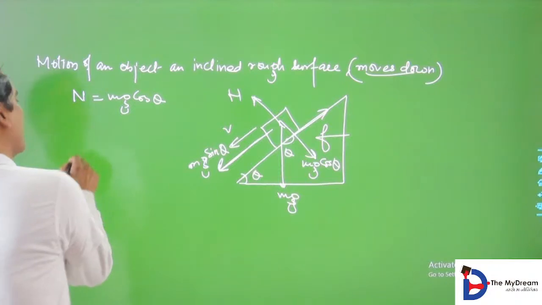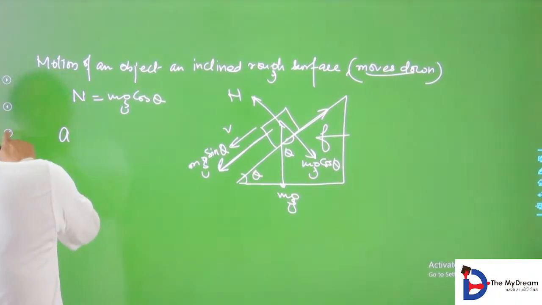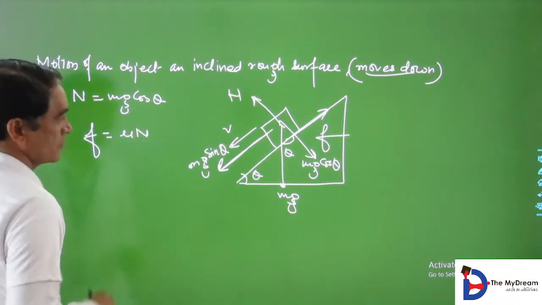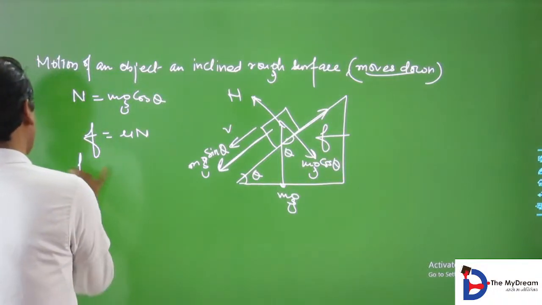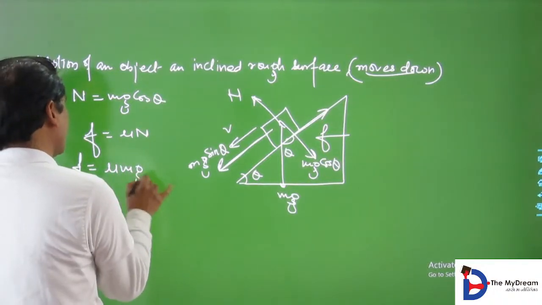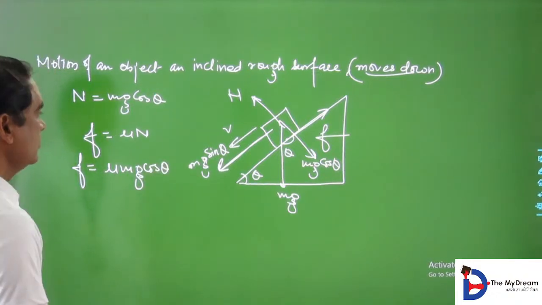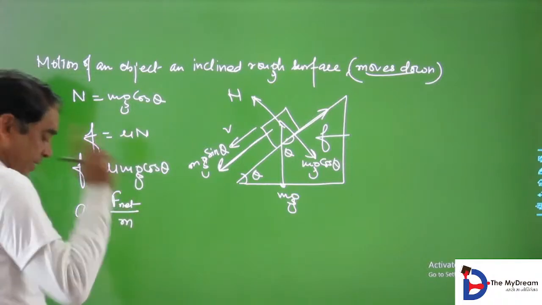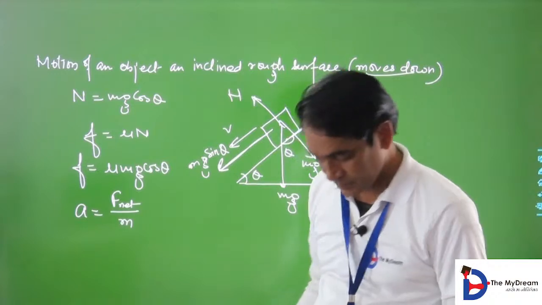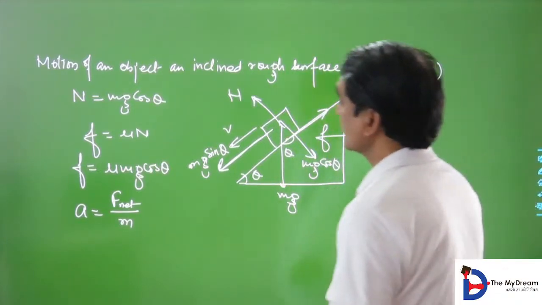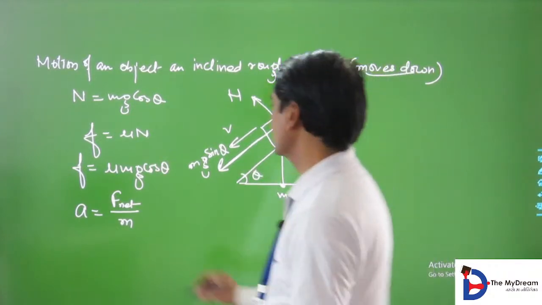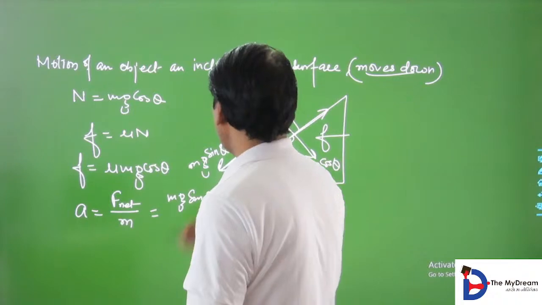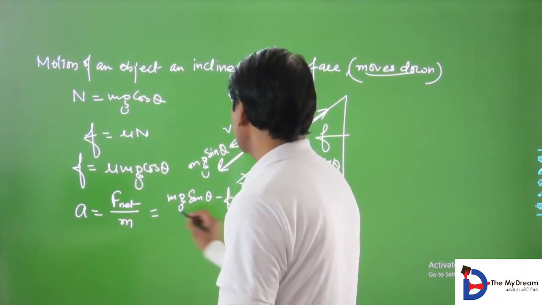and F is equal to mu N, आपने पढ़ा, और F is equal to mu mg cos theta। तो नेट फोर्स क्या होगी, F net is equal to m a, a is equal to F net force upon m. So mg sin theta minus F divided by m.